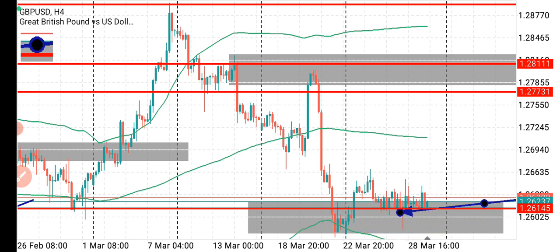And now you can see that whenever a resistance is broken to the upside, it becomes what? A support.